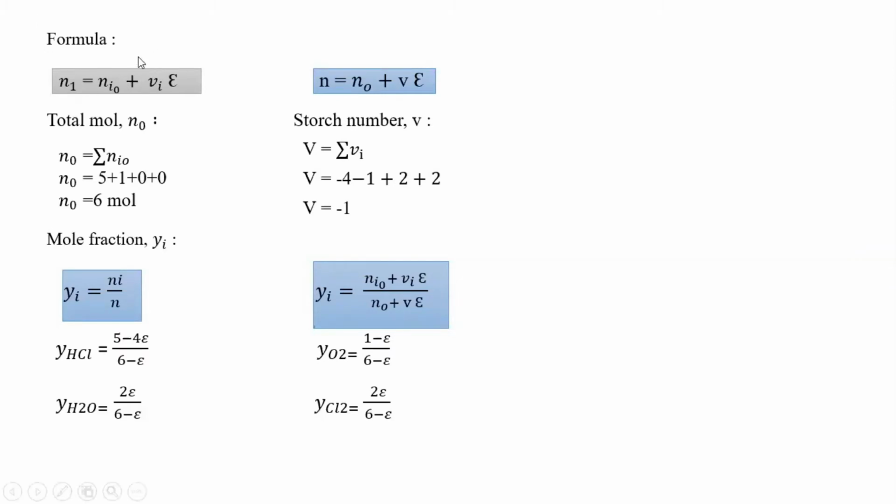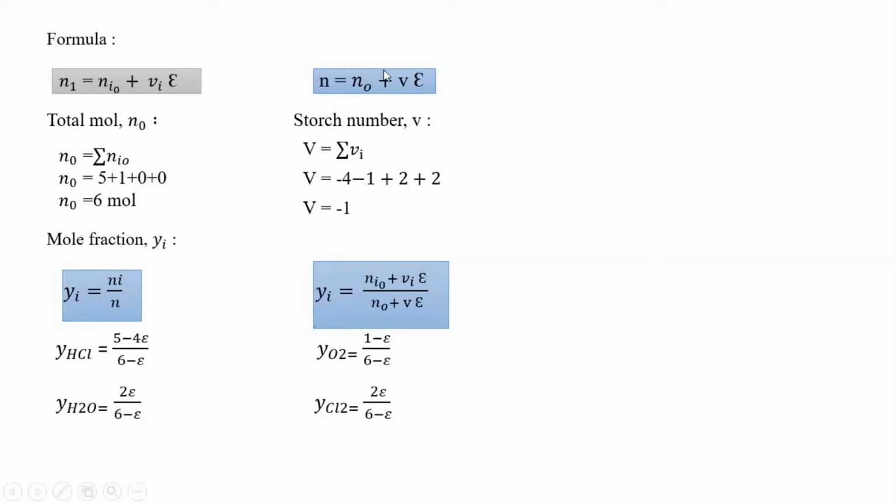Okay, so this is the equation that I just explained. This is for the individual species, and this is for the summation of all species, where n here is the total mole at final state, equal to the total mole at initial state plus the total stoichiometric coefficient for all species multiplied with the extent of reaction.